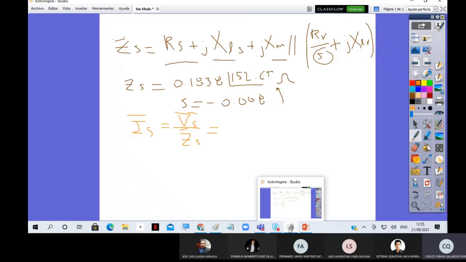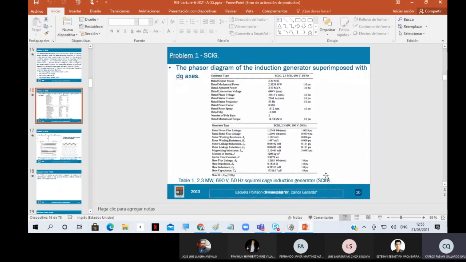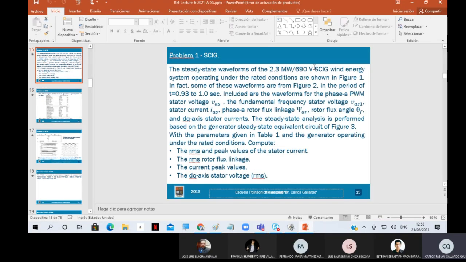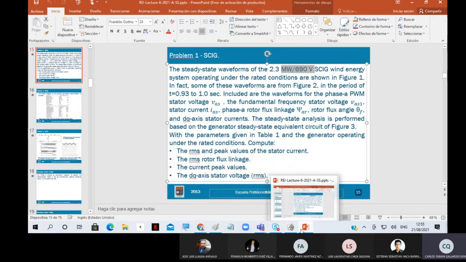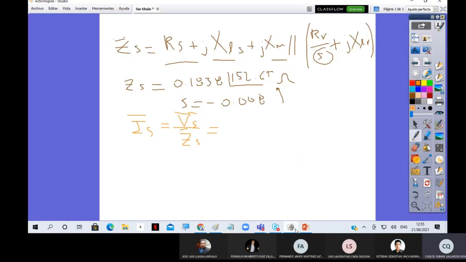I am working at rated conditions, so the nominal value in this case is 690 volts on the stator side. Since I am working as a single-phase system, I need to divide by the square root of 3, over the input impedance.